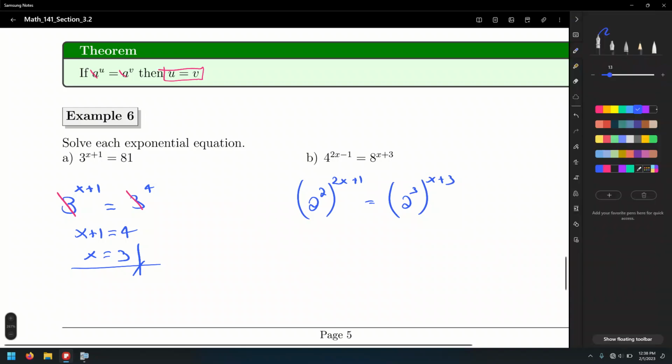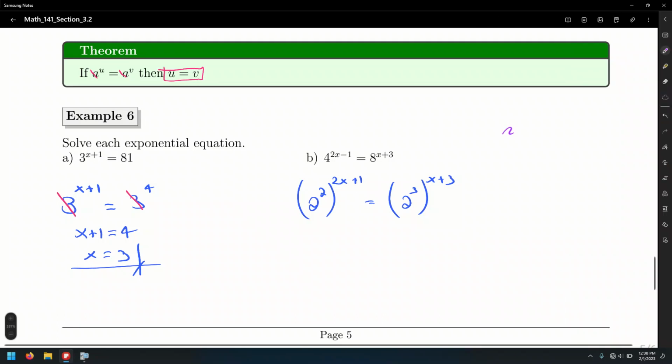Just to refresh this idea, whenever you have a to the m raised to the n power, what do we do when we have the power of another power? Multiply: a to the m times n, right? So this is what we're going to do here.